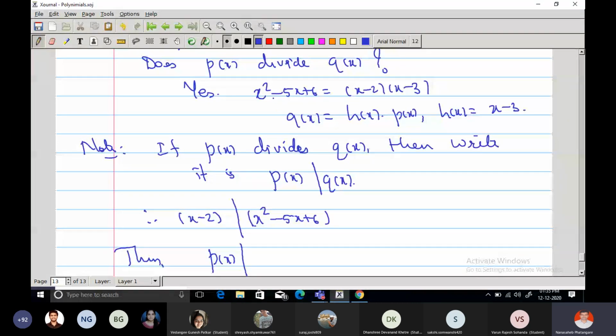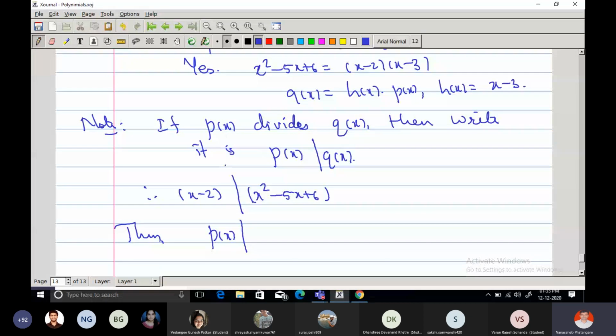Prajakta. So x minus 2 divides x square minus 5x plus 6. Is it correct? Yes, sir. Now this is a notation. Notation means the symbol for if px divides qx, then we write it as, see, if a is greater than b, then how do we write this? a is greater than b.